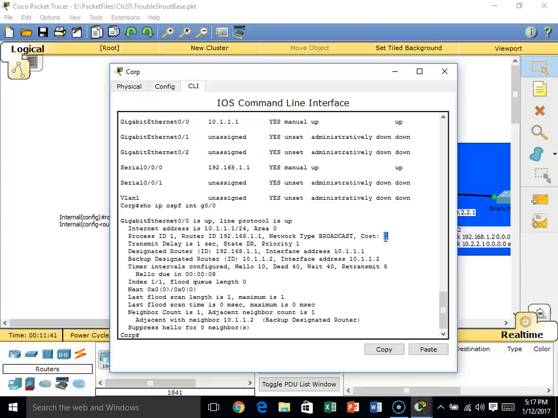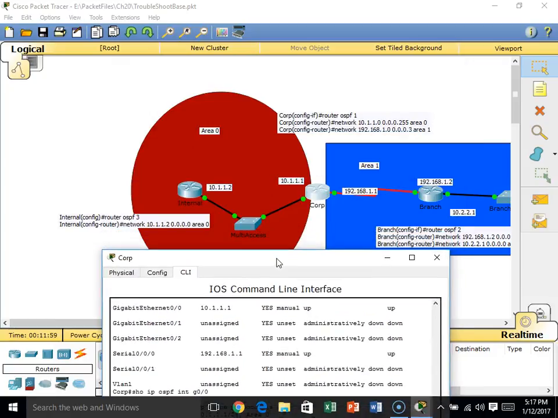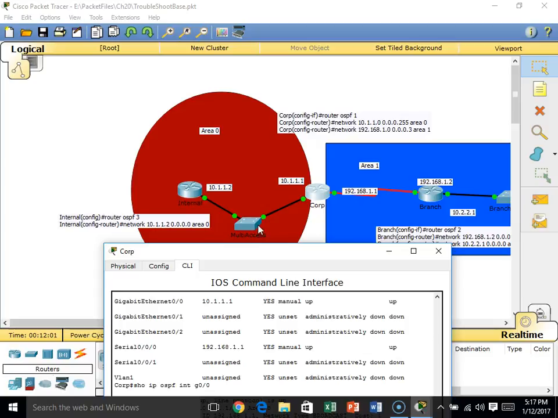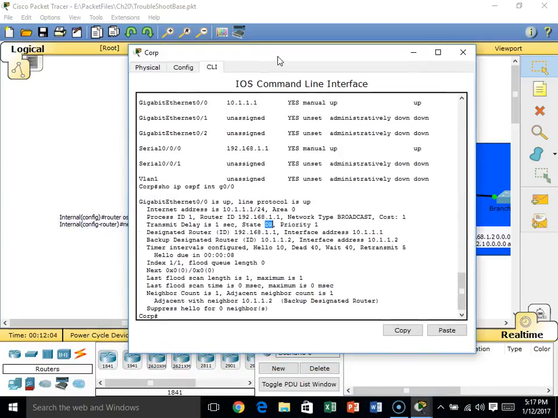Cost 1 for high speed, and OSPF uses cost to calculate the route. So the router ID is still 1.1. The transmit state is DR. Remember we talked about the multi-area ones, and this is connected to a switch, think Ethernet. We're going to have a DR and a BDR.